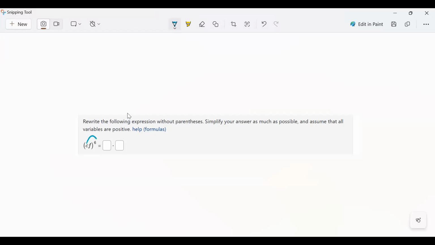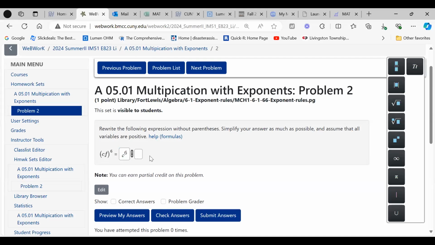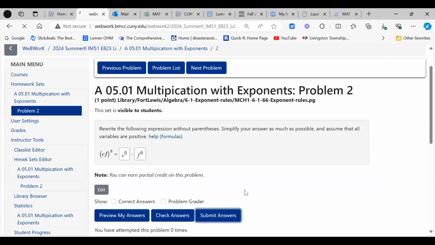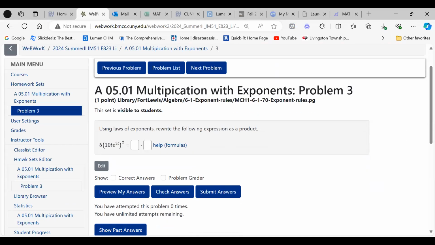It should be a power, c to the 6 and f to the 6. So that's the answer, c to the 6, f to the 6. It's fairly straightforward. Okay, next one, and this one is really more complicated. You try this really quickly.